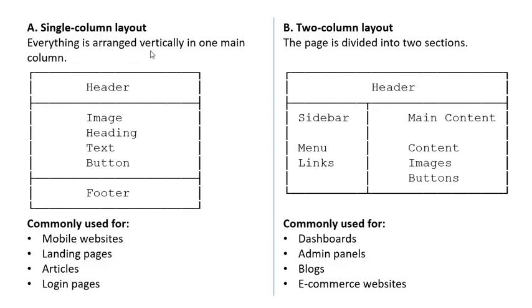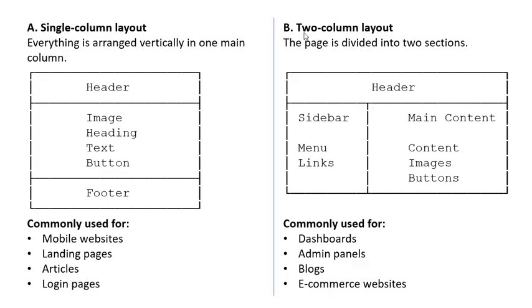Everything is arranged vertically in one main column: the image and header, then the image, heading, text, and a button, and last the footer. It is commonly used for mobile websites, landing pages, articles, and login pages.